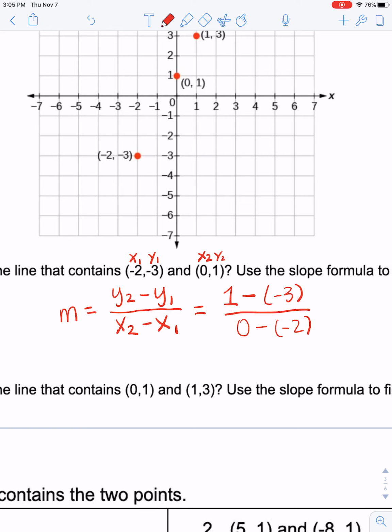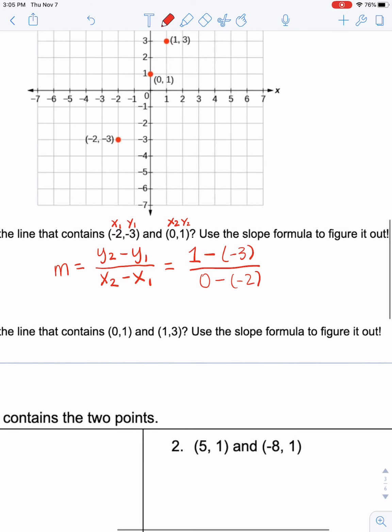You do not have to put the parentheses. Your Casio calculator will figure out that it's a negative only if you use the negative symbol. Make sure you are using the negative symbol that is right next to your decimal point, and this right here would be the subtraction symbol.